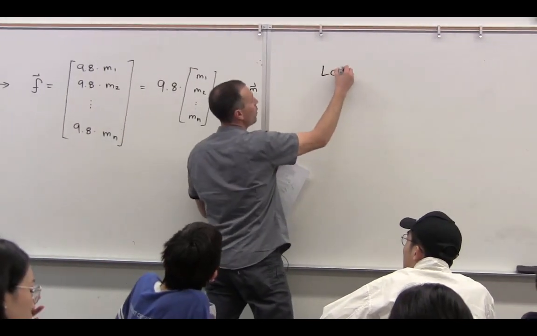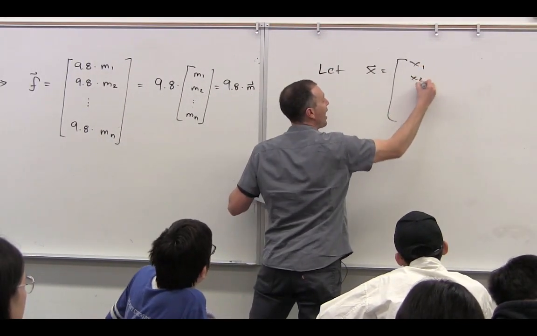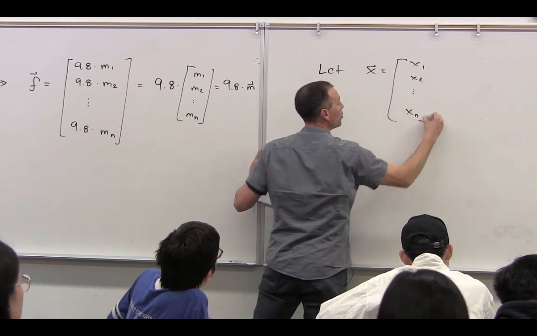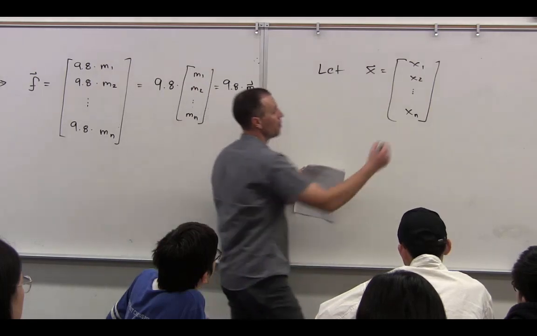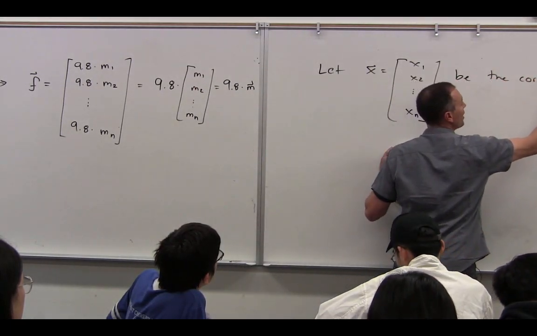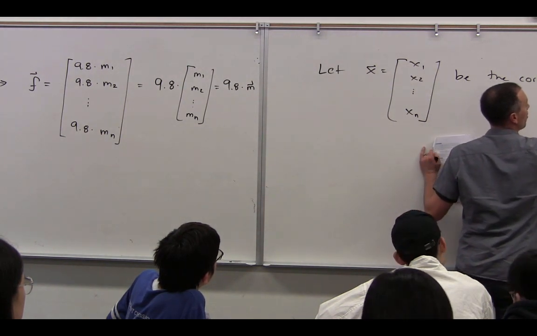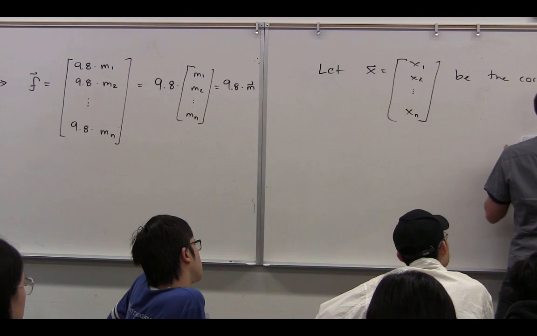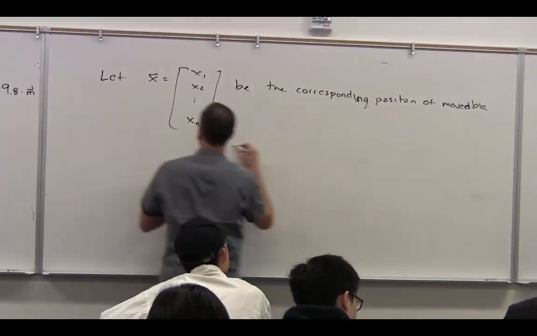Then we said let x equal x1, x2, all the way down to xn, be the corresponding position of the movable end of the spring.